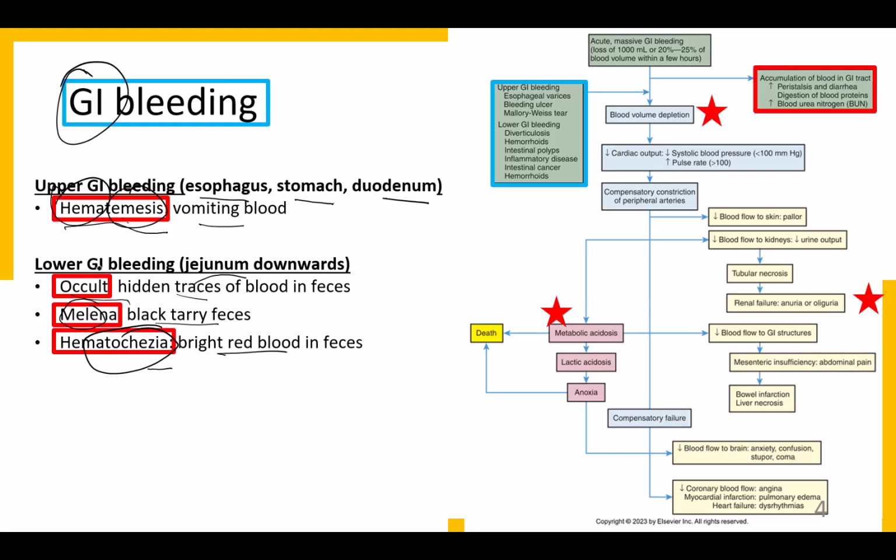If it's further up in the small intestine, it will tend to be darker, or it can be hidden, right? So let's go through this. So you can have an accumulation of blood in the gastrointestinal tract. And what happens is, when that happens, then you can end up with diarrhea.